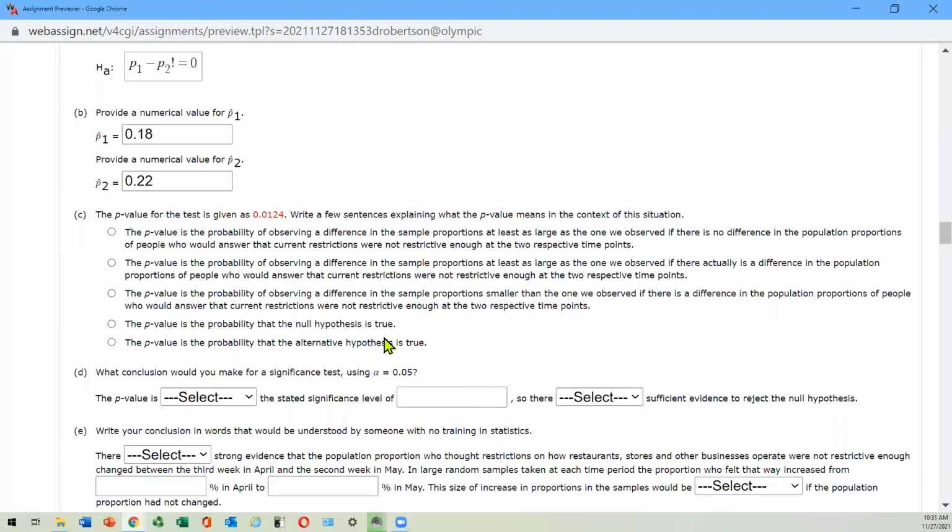Write a few sentences explaining what the p-value means in the context of this situation. Yeah, it looks like a lawyer got to this one.